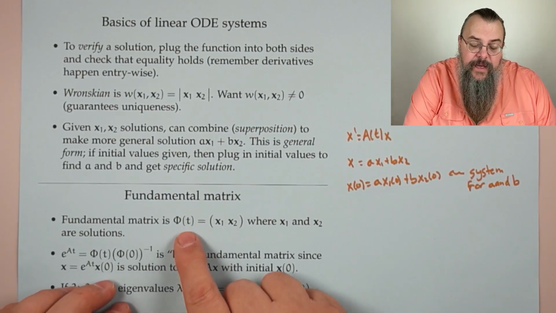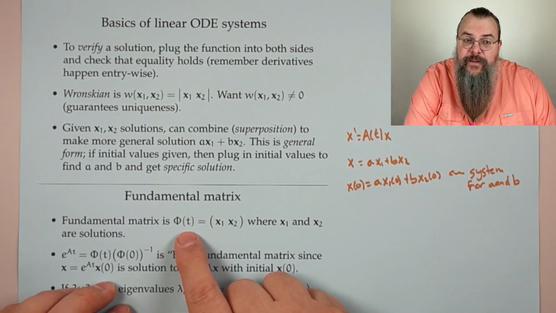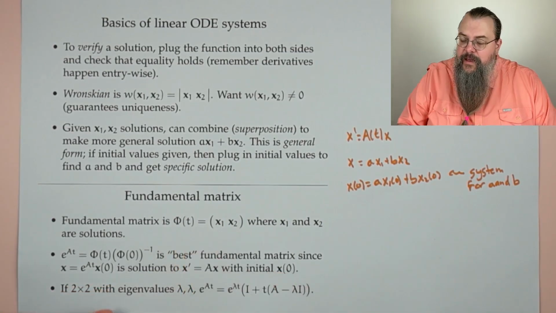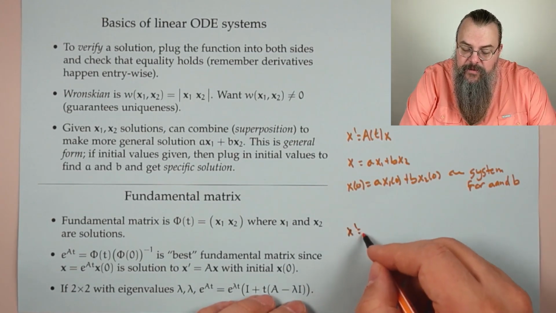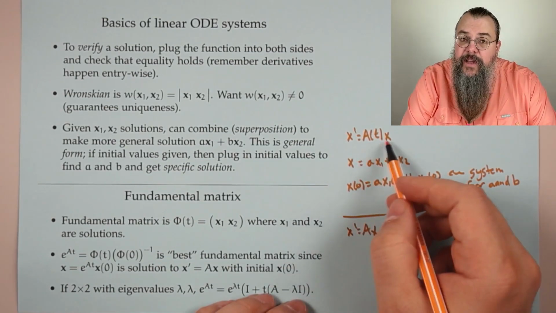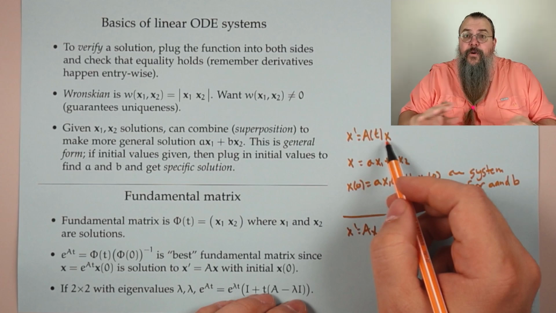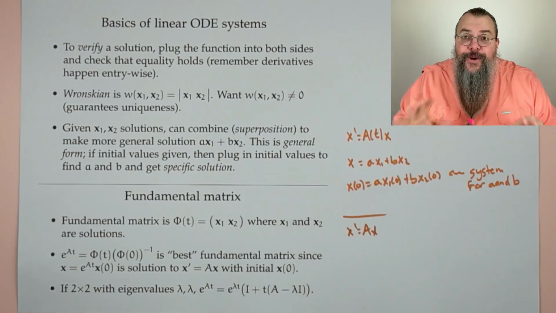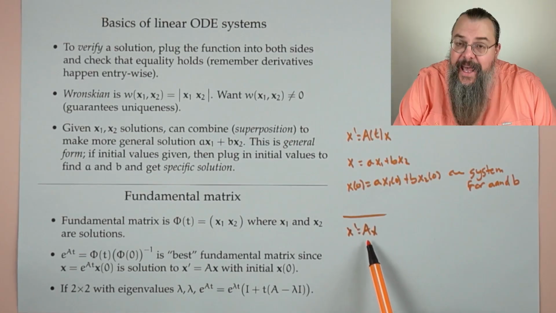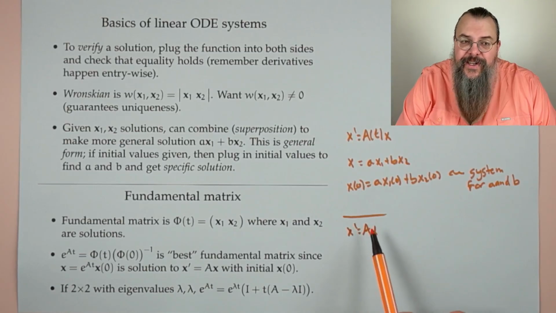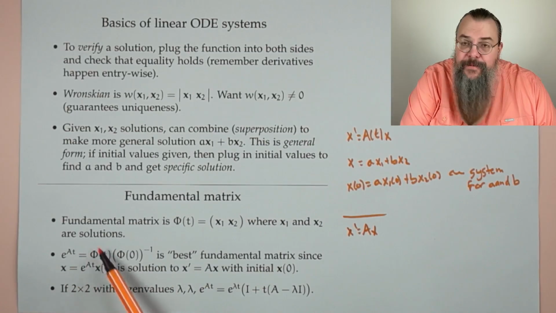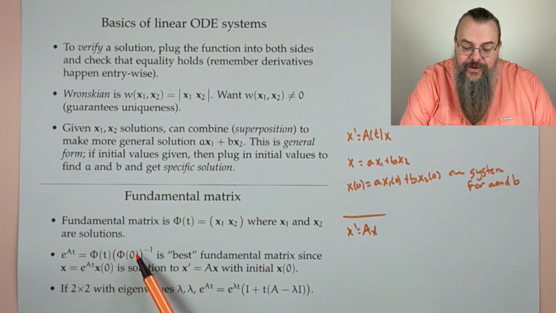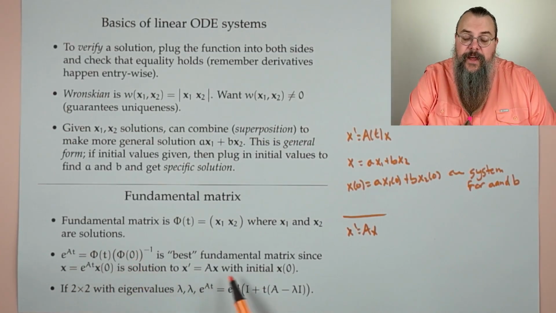Well, if you have a fundamental matrix for x prime equals ax, and we want to be really careful here, so x prime equals ax, not x prime equals a of t times x. No, that's out. We don't want that. We want just a, constants. Then e to the at is phi of t times phi of 0 inverse. And now that's the best.